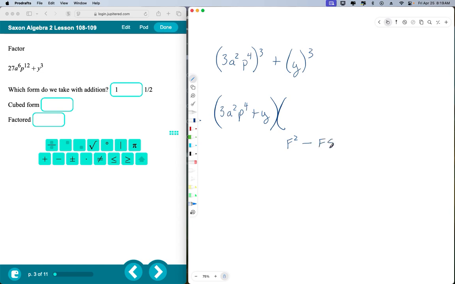Then first term times the second term plus the second term squared. So 3a squared p^4 times 3a squared p^4 gives us 9a to the fourth p to the eighth.